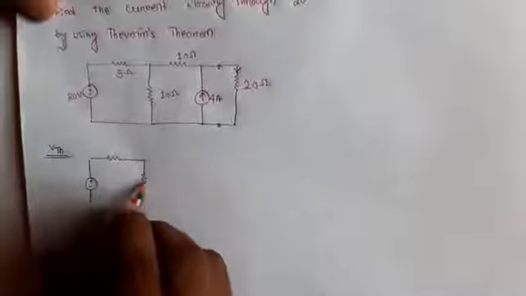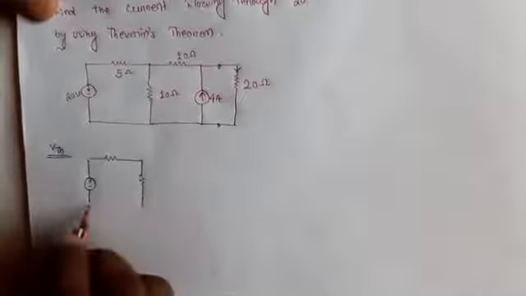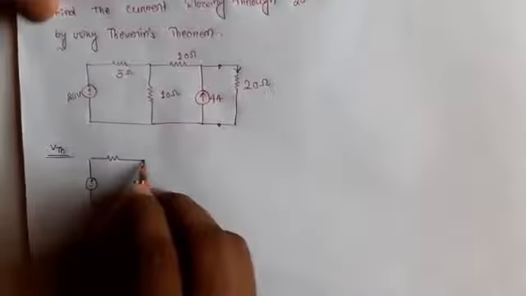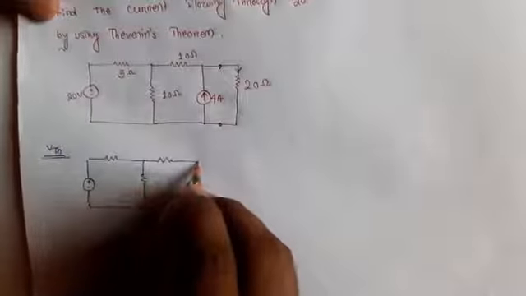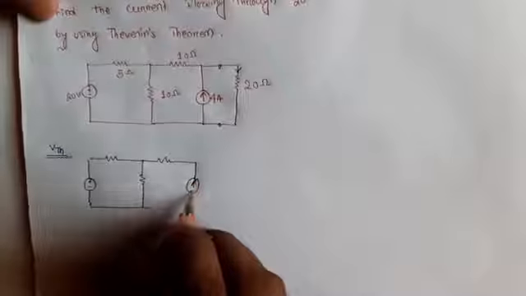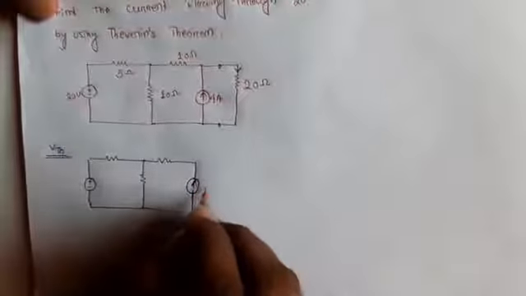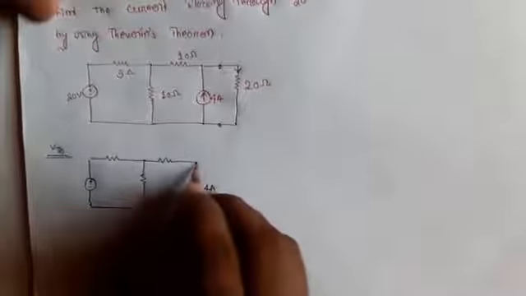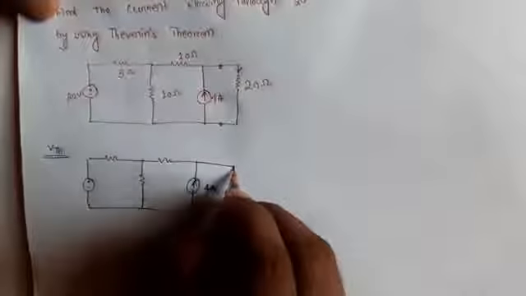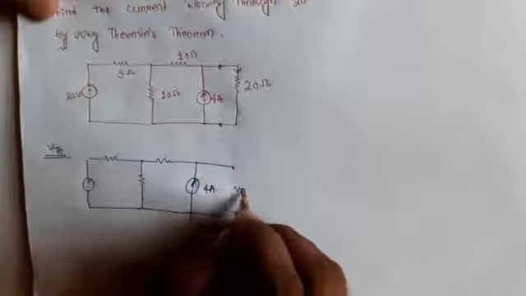This is 10 ohm. We need to open this, and this is the 4 ampere source. This is the open circuit terminal, and we need to find VTH.